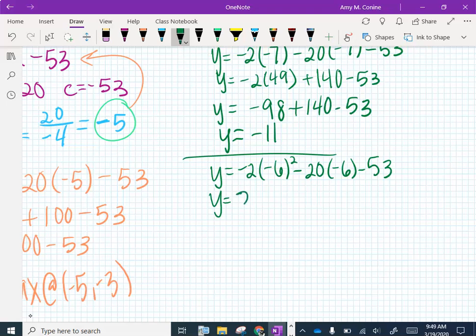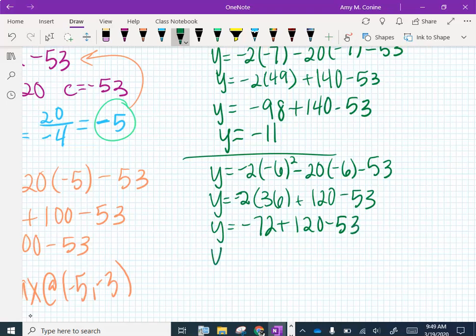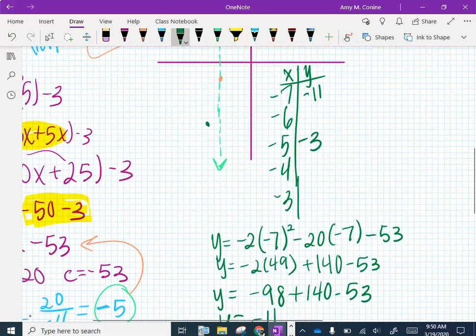This is negative 2 times 36, and the positive 120. Negative 72 plus 120 minus 53. When we do all that math, if we were in class, you would have already told me we should get a lovely negative 5. So I'm going to put it in my chart.